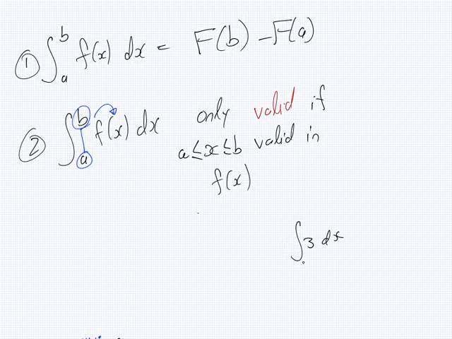Yeah, from 0 to 1. So this would be 3x from 0 to 1, so 0 plus 3. Okay. I mean to say there are two new things you learned: proper and improper, and how to deal with limits.